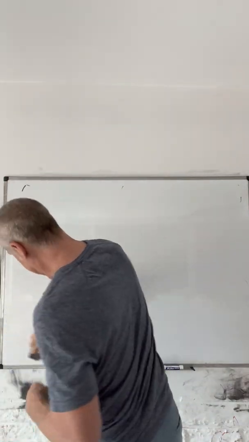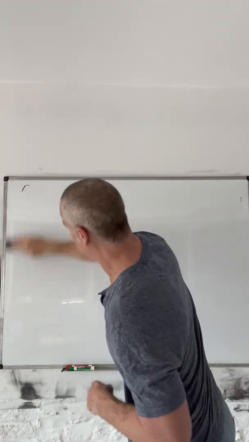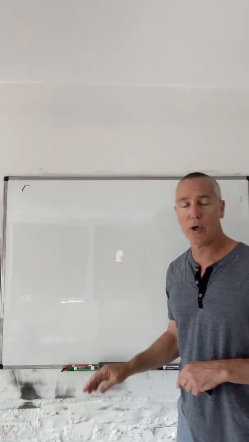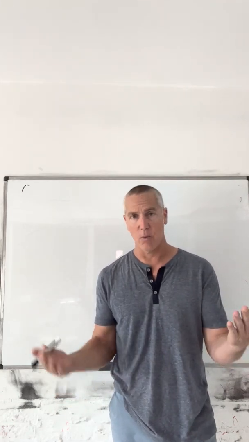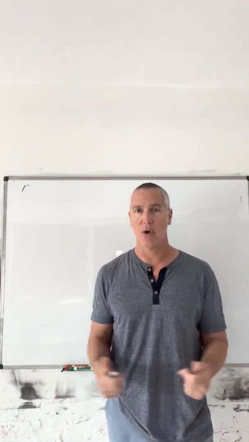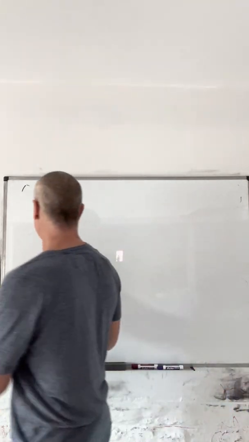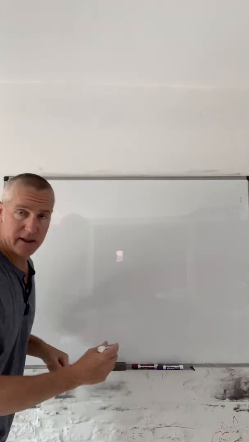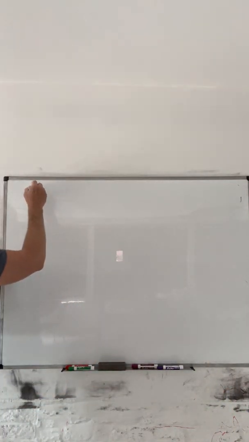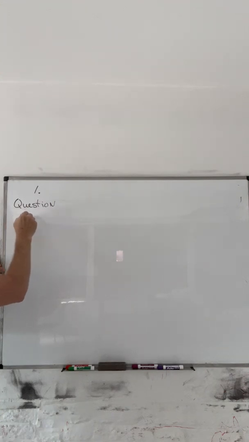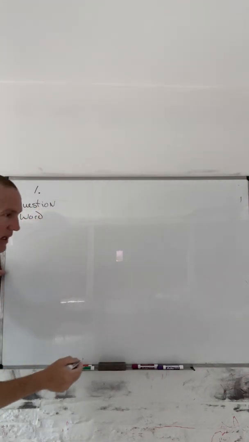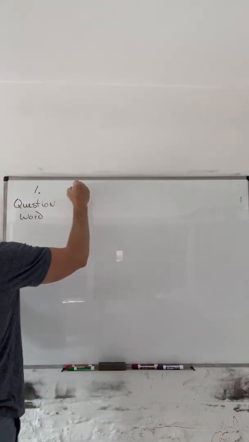There is a common exception to the word order. But let's take a look at the basic word order of yes or no questions and information questions. It's basically like this. First is going to be the question word, one of those WH question words.